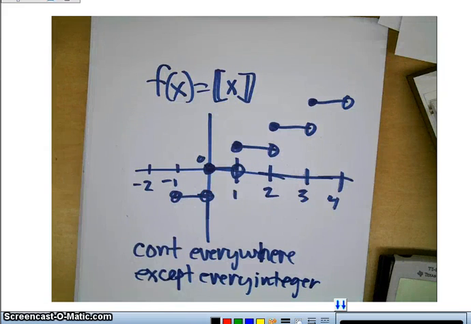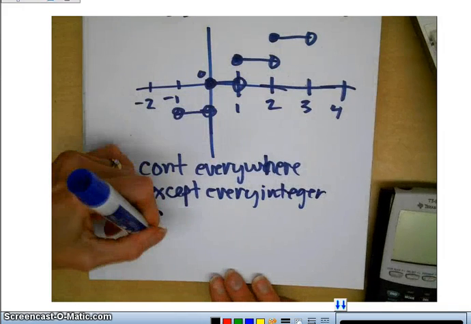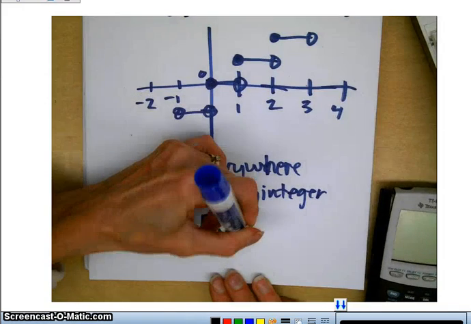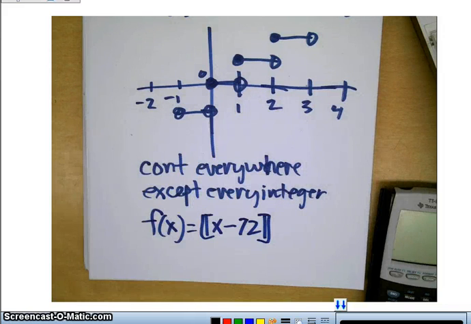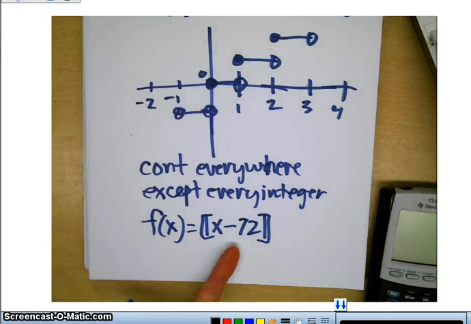Okay, so does that only apply to this function? What if instead of that greatest integer function, I have something like this? Whoa, that one's really hard, isn't it? What did I just do to that function? Shifted it which way? To the right, 72 units.